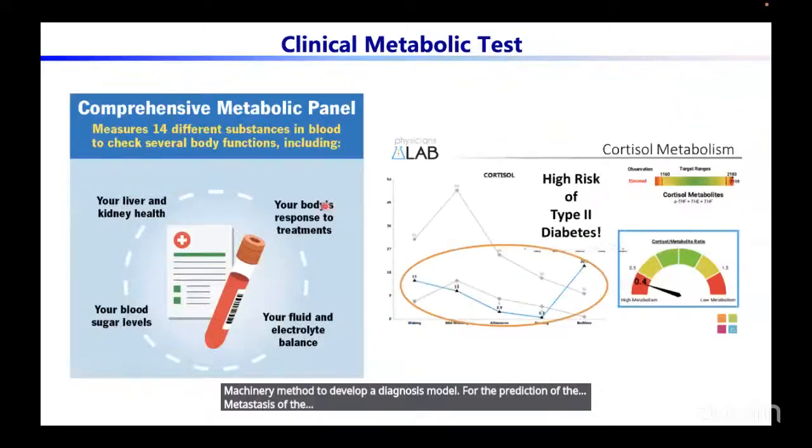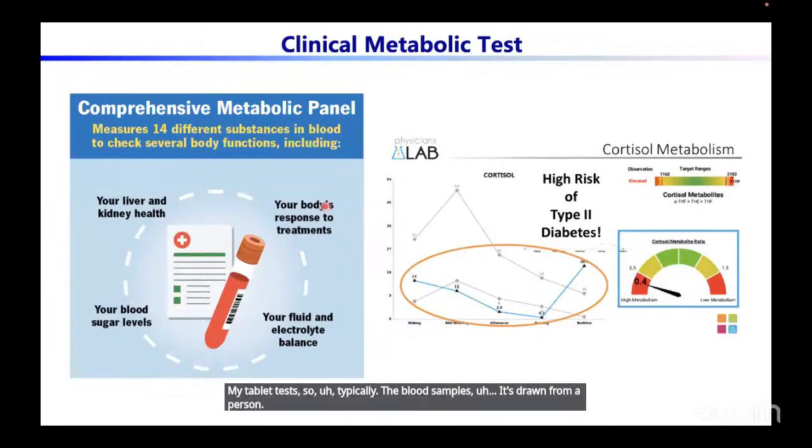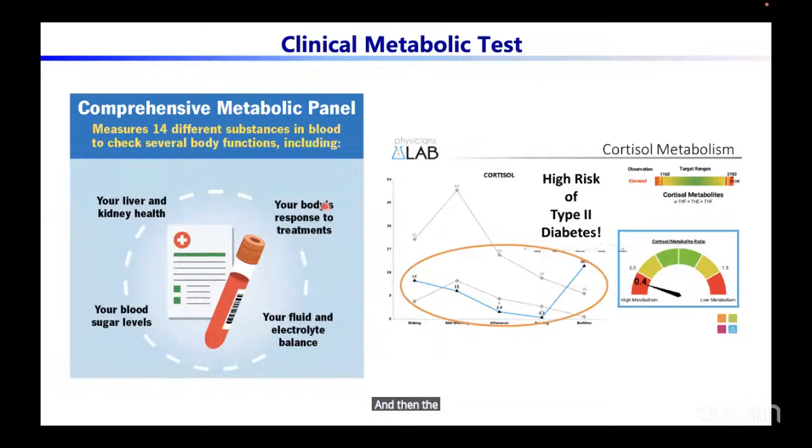of cancer. So the next example is a typical clinical metabolic test. Typically, blood samples are drawn from a person and then some kind of metabolic measurement is done.